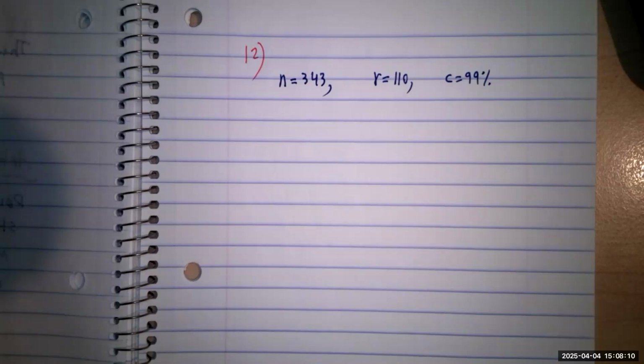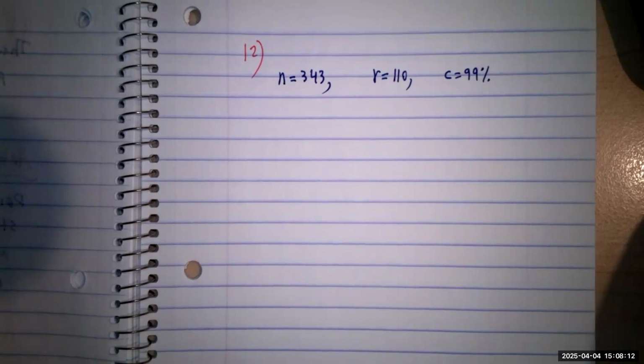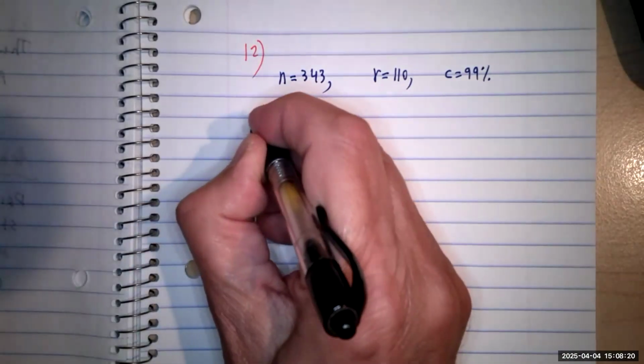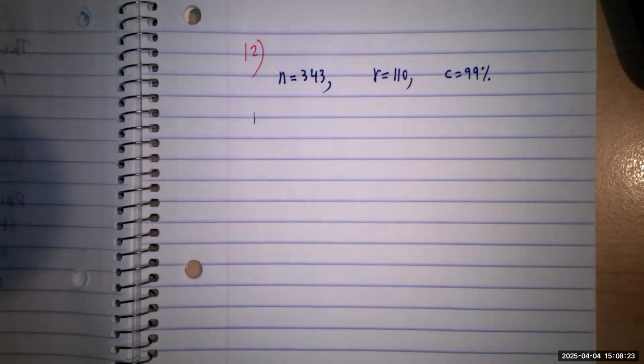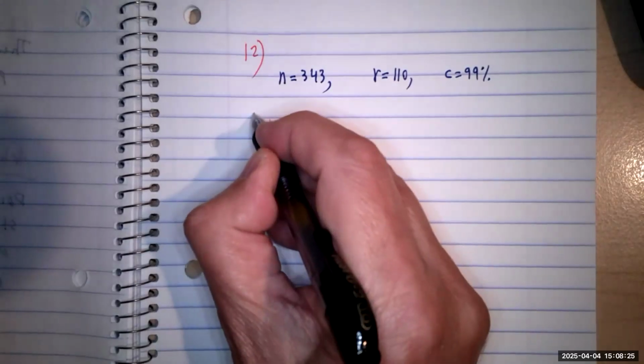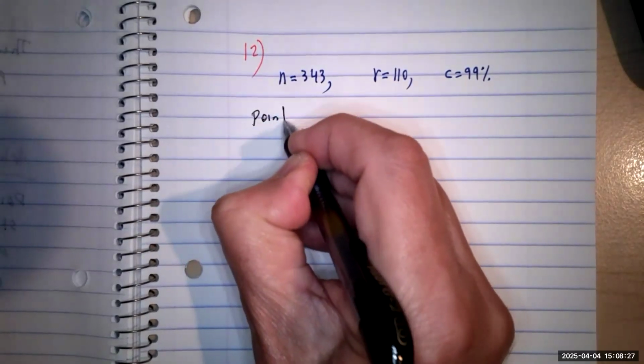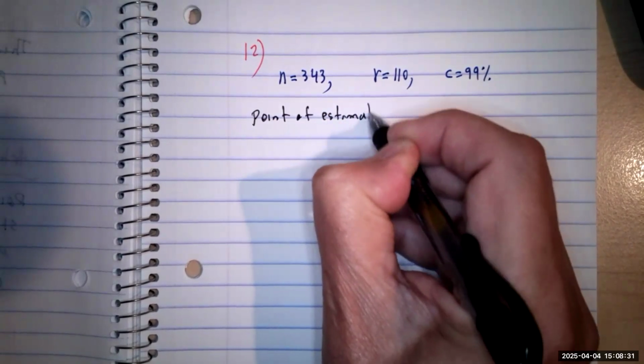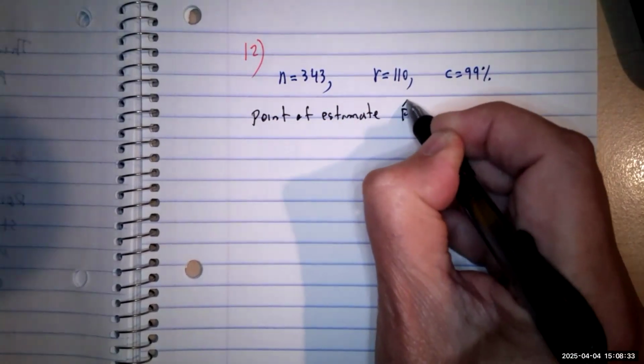Quickly, this is a very good method, okay? So what we are going to report is the following. A point estimate. That's p hat.